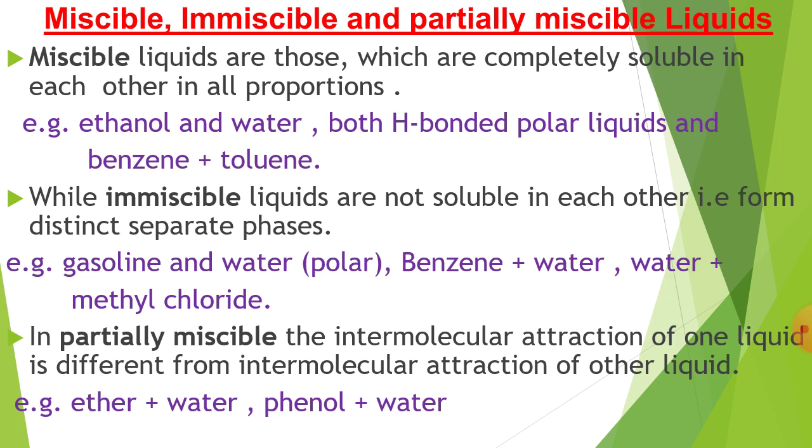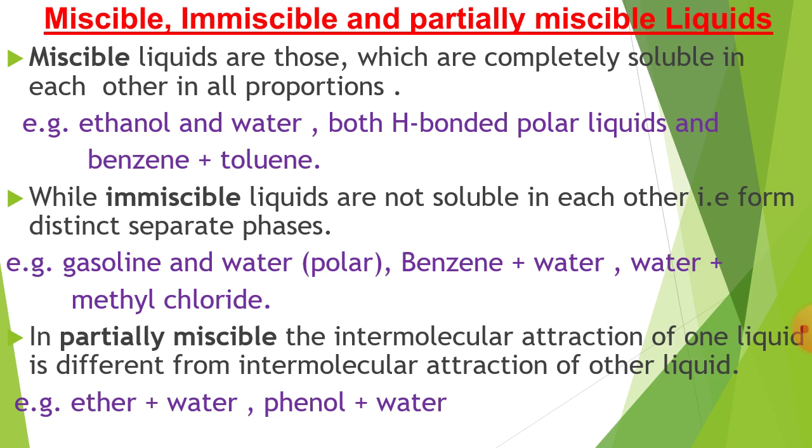Now some more terms you have to know: miscible, immiscible and partially miscible liquids. So now miscible liquid means those liquids which are completely soluble in each other in all proportions.